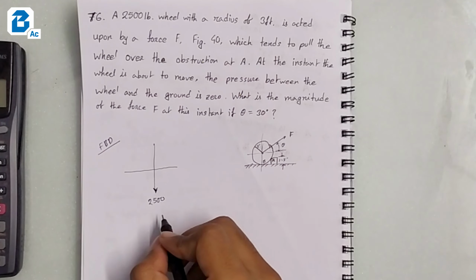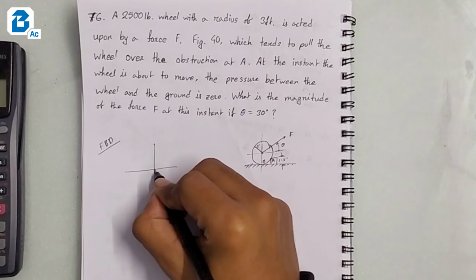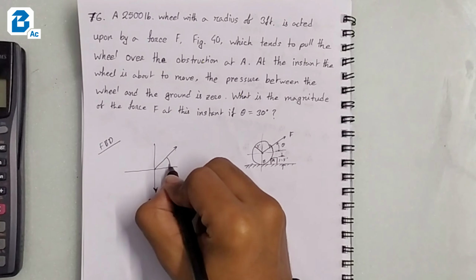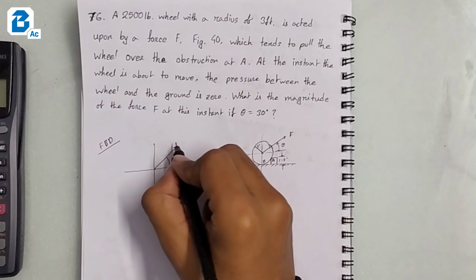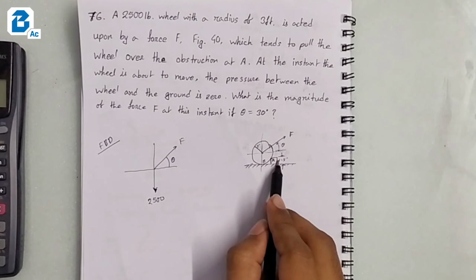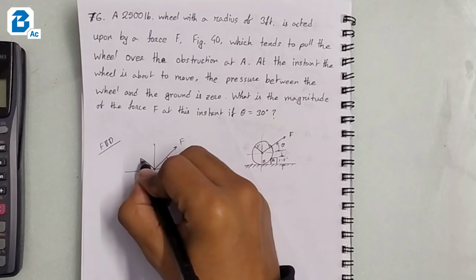And then the force F, which is pulling the wheel in this direction with an angle of theta, and then there's another reaction for the obstruction at A point, which is going to be this way.